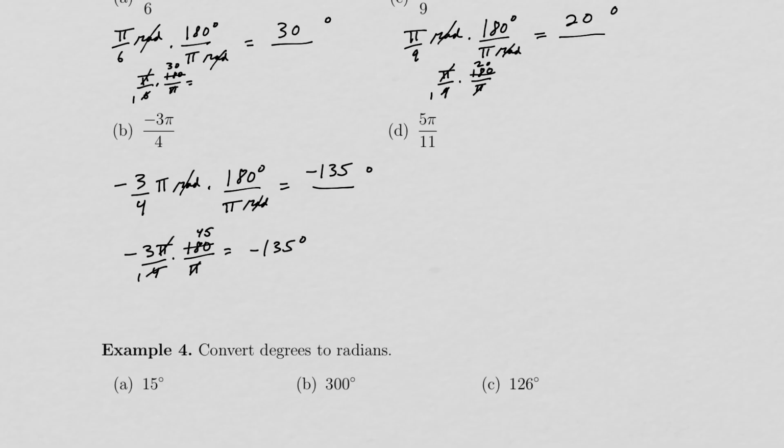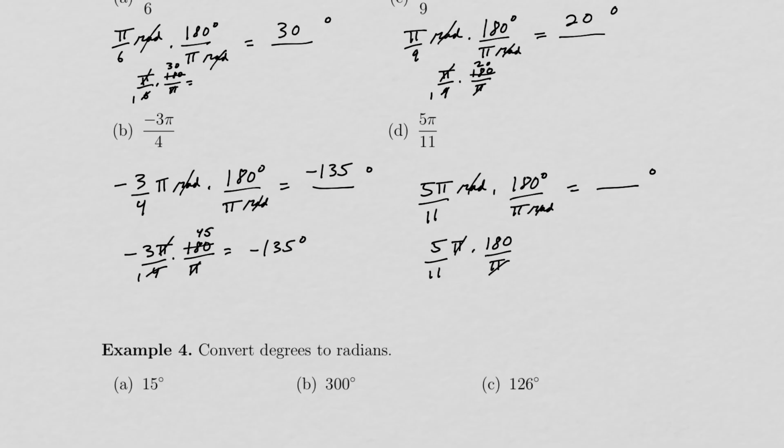Okay, and then one more. Let's say we have 5 pi over 11 radians. We want to convert to degrees. So again, I multiply by 180 degrees over pi radians. Radians cancel. So I have 5/11 pi times 180 over pi. Pi's cancel.